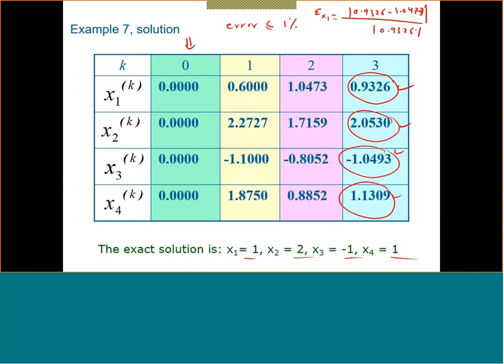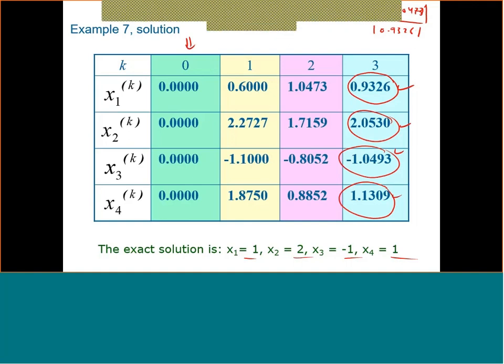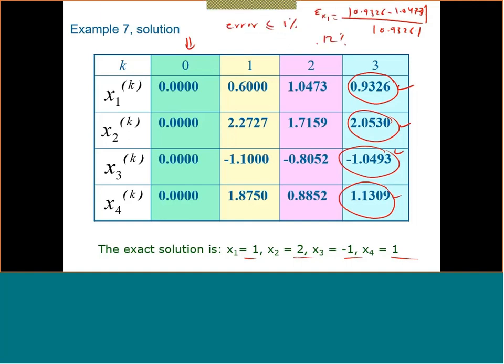Okay, so this is equal to 0.9326 minus 1.0473 divided by 0.9326 times 100. So this is around 12% error. Very, very high error. Still, we are very far from the right answer.